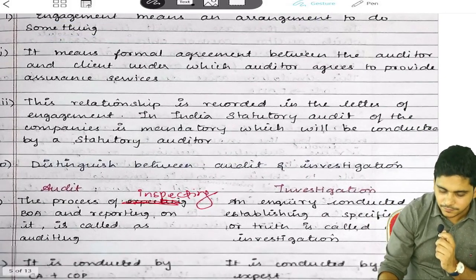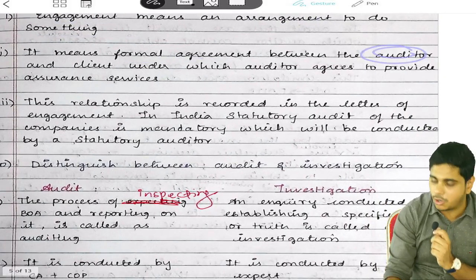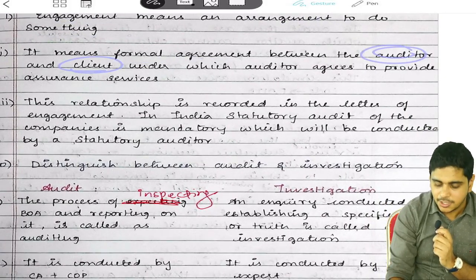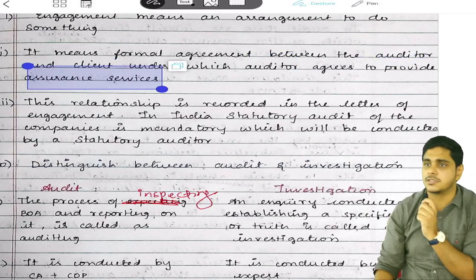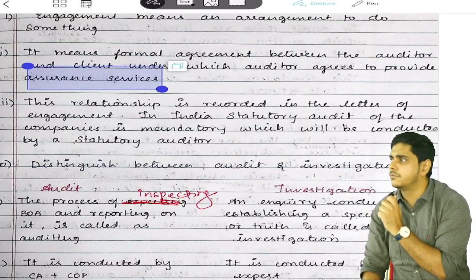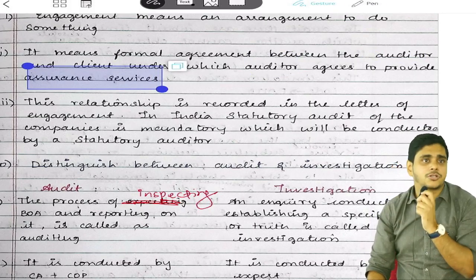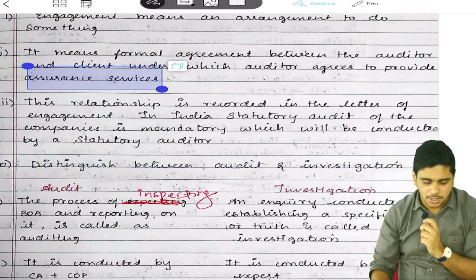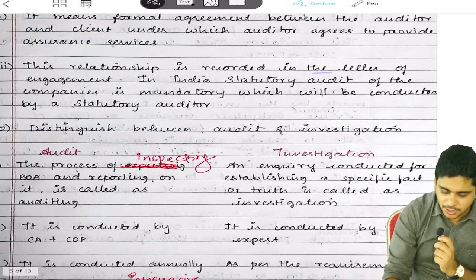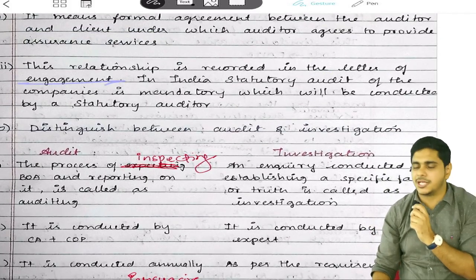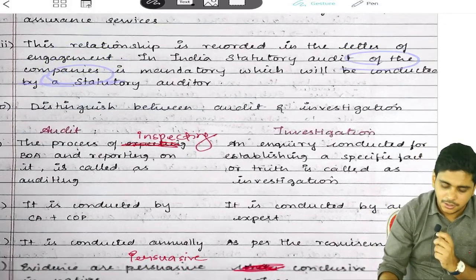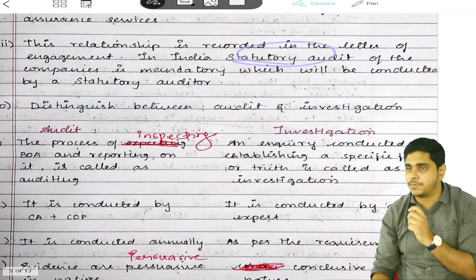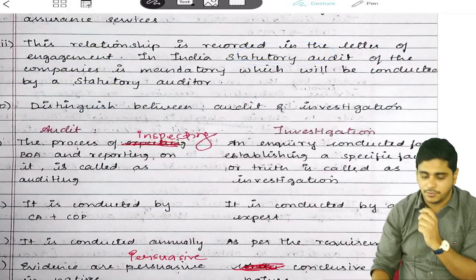It means a formal agreement between the auditor and client under which the auditor agrees to provide assurance services. Which assurance do we give? Reasonable assurance. This relationship is recorded in one paper. What is the paper called? Letter of engagement.